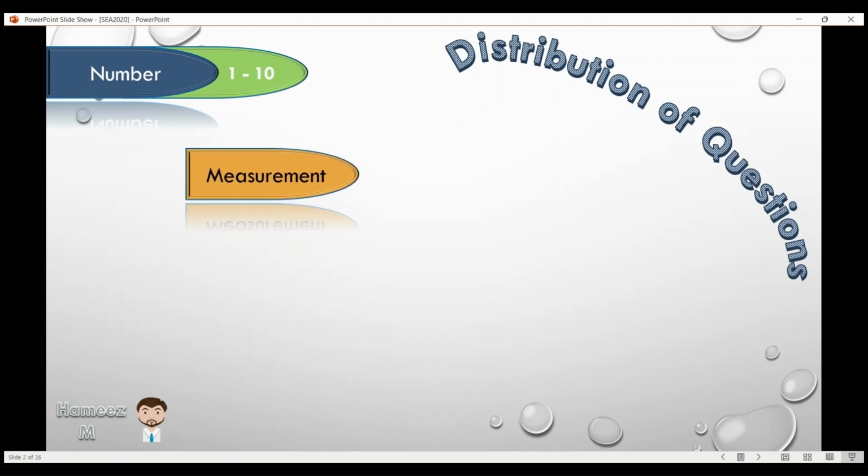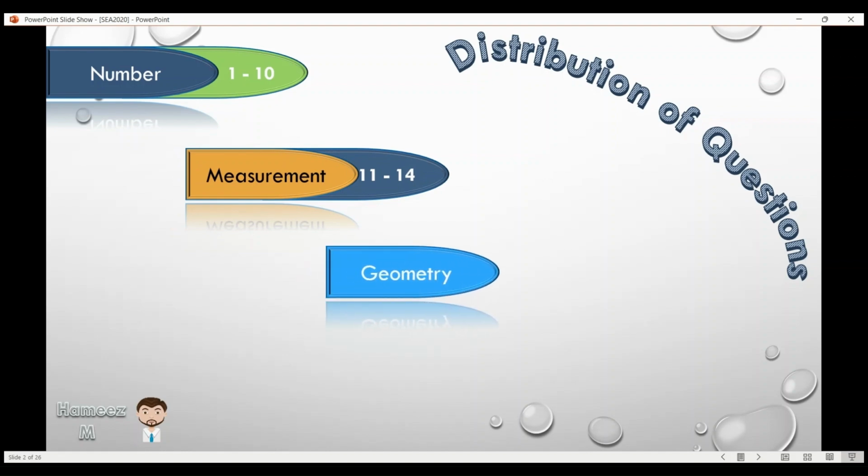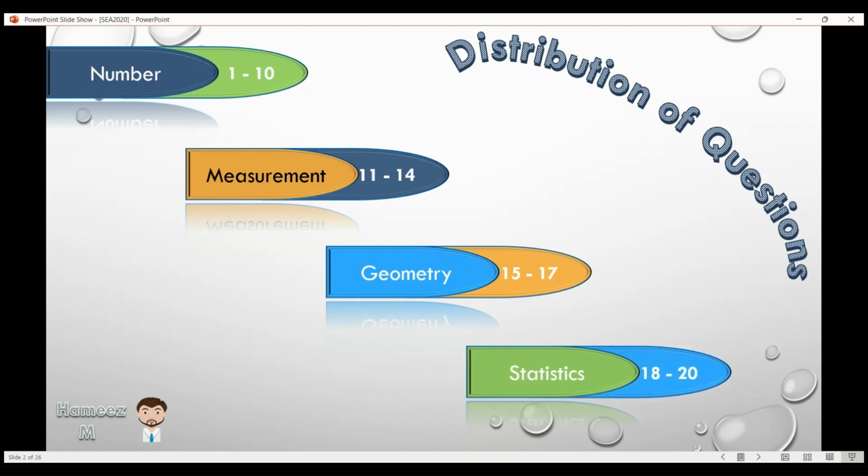The second strand is measurement, tested by the next 4 questions, 11 to 14. The third strand is geometry, tested by questions 15 to 17. Finally, statistics is tested by the last 3 questions, 18 to 20.